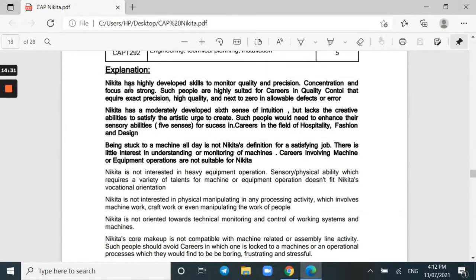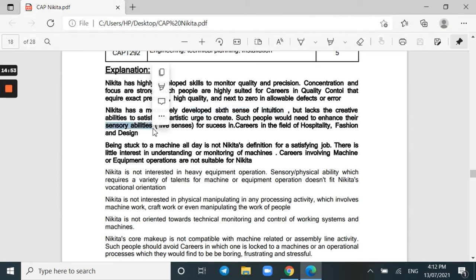Again, this is what it explains individually one to one: has highly developed skills to monitor quality and precision, and moderately developed skills for the sixth sense of intuition, but lacks creativity. So it has developed abilities moderately, but not very high. But still, there is an ability to work along with the five senses and sensory ability.